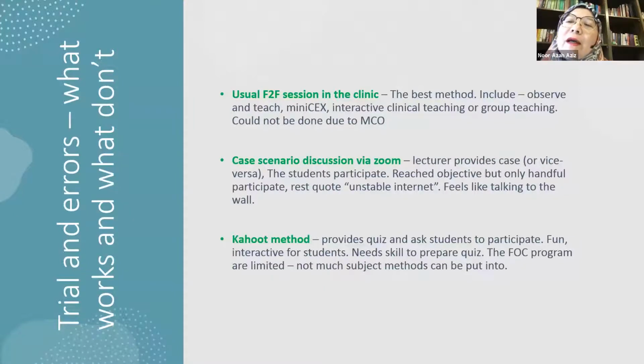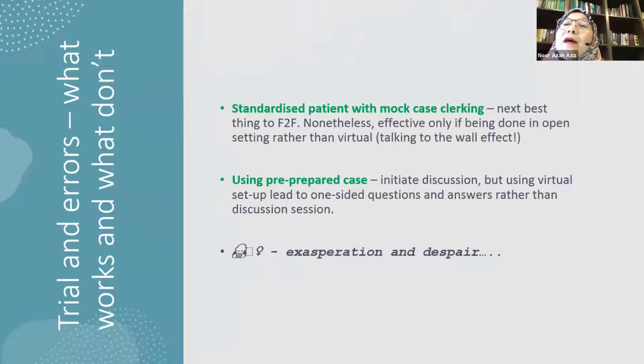The next one that I did was standardized patient with mock case clerking. This is the next best thing to face-to-face, meaning that we have a standardized patient, SP, either in our clinic or in the room, and the students try to clerk via Zoom. They ask questions to the SPs. Nonetheless, it's only effective if done in an open setting rather than virtual.